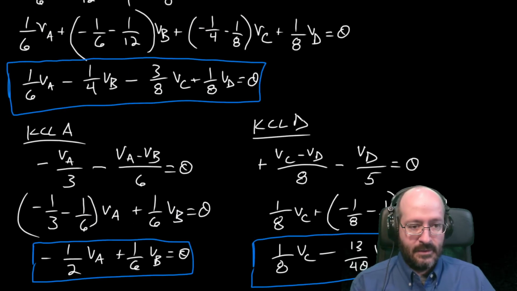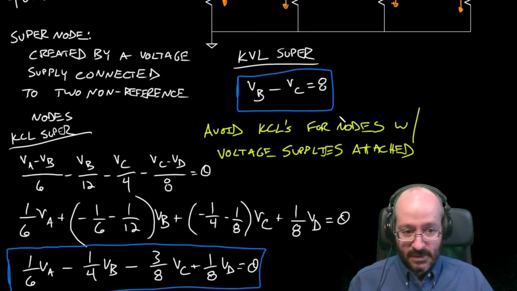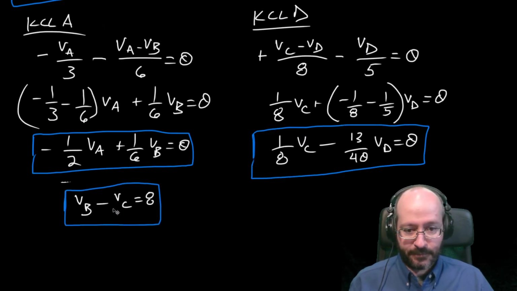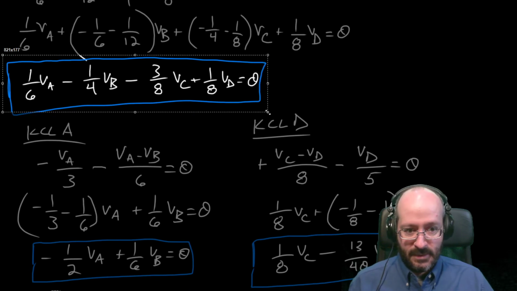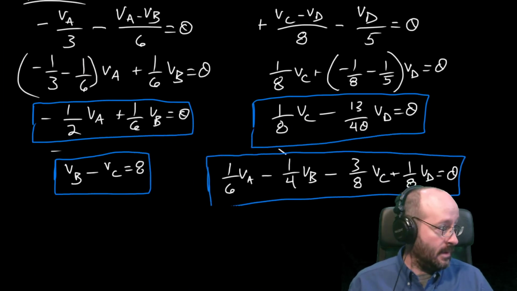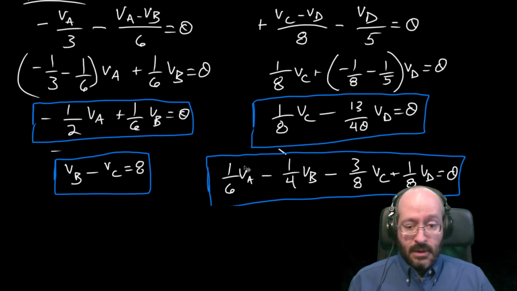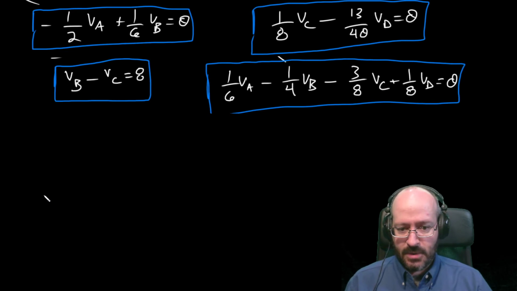Let's organize these a bit so that we can get the matrix set up nicely. There's one of them, and then let's grab this one as well. Okay, and how much paper do I have left? Yeah, good. Okay.